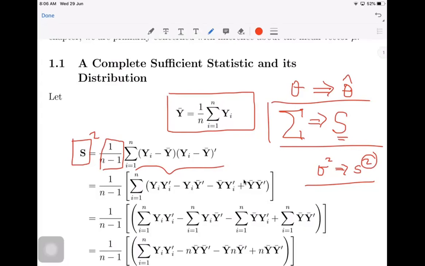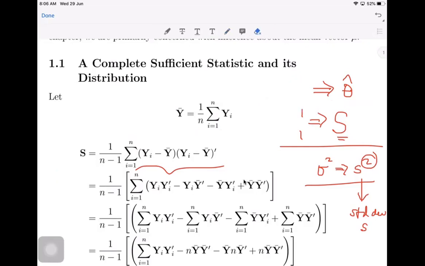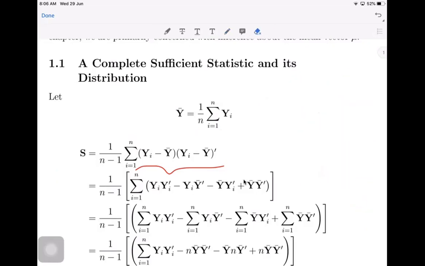Usually we use s for the standard deviation, so the standard deviation would be the square root of s. Anyway, that is just notation wise.